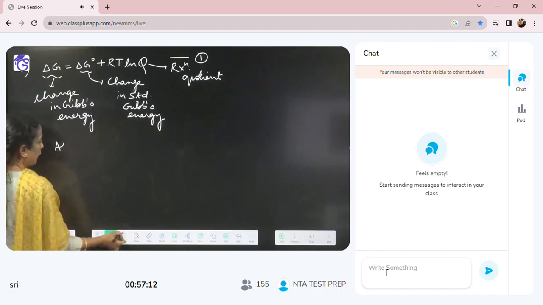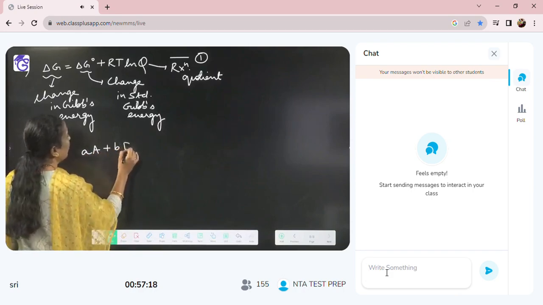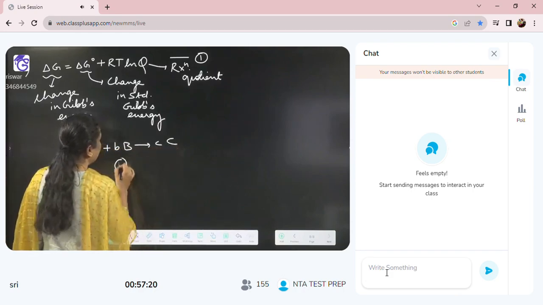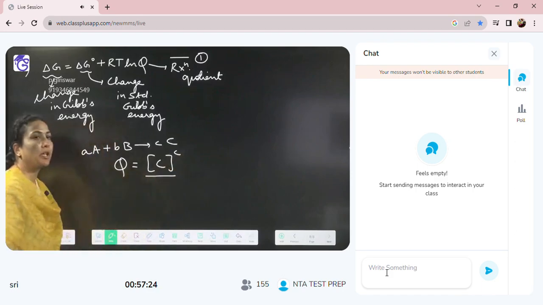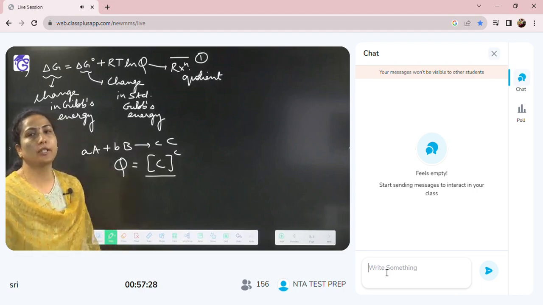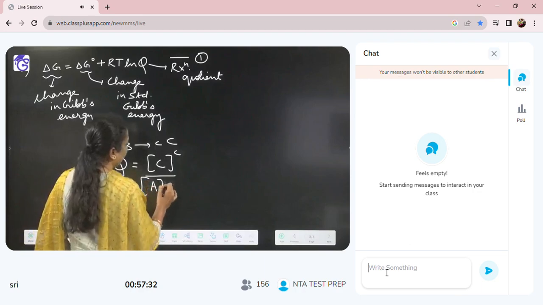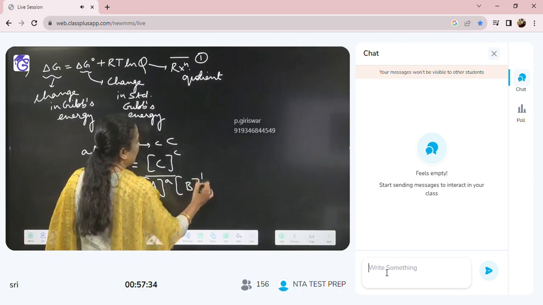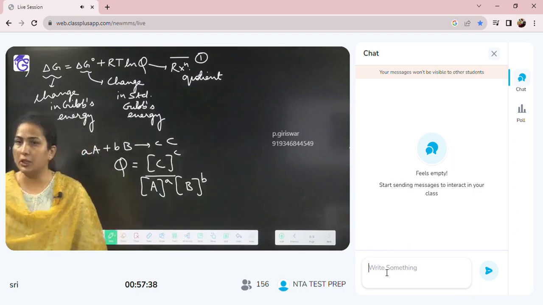Now, if I give you any reaction like a moles of A reacting with b moles of B to give you c moles of C, the reaction quotient you'll be writing like this: concentration of the product C raised to the stoichiometric coefficient divided by concentration of the reactants raised to their stoichiometric coefficients. So I'll be writing A raised to a and B raised to b. But this reaction quotient is not for equilibrium condition, right?